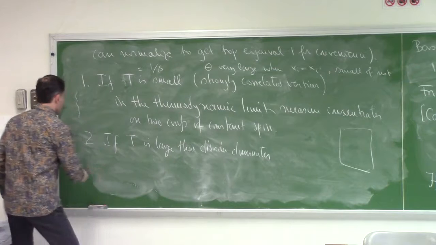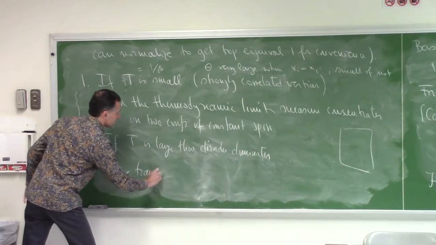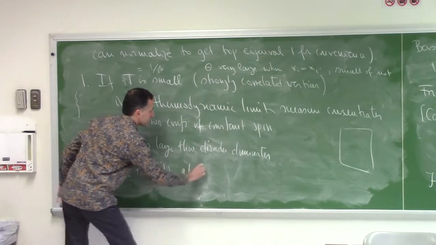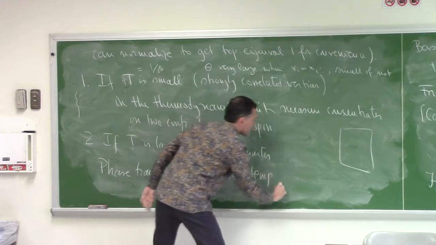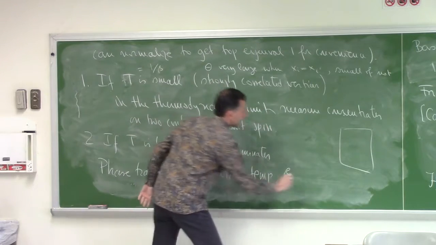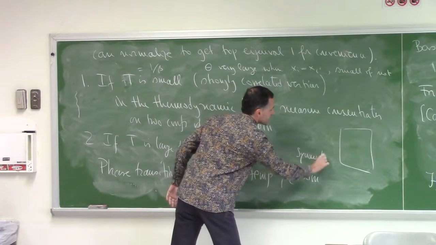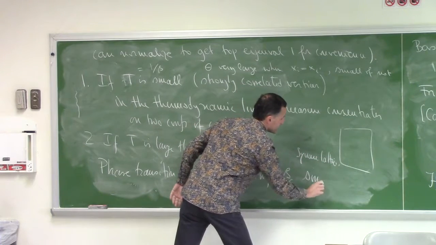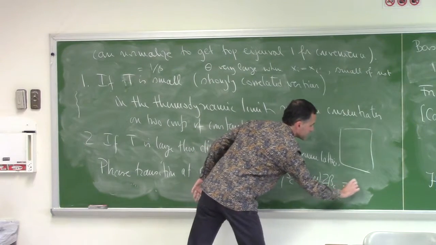So what we say is that there is a phase transition at the critical temperature, corresponding to a value of beta, and for a square lattice, the value is such that sinh of 2 beta critical is 1.